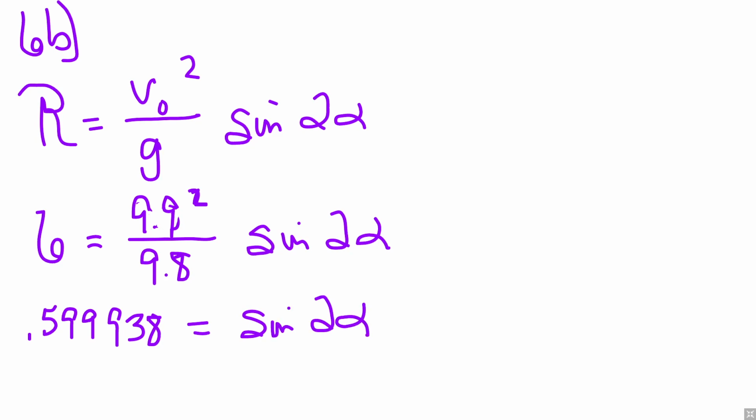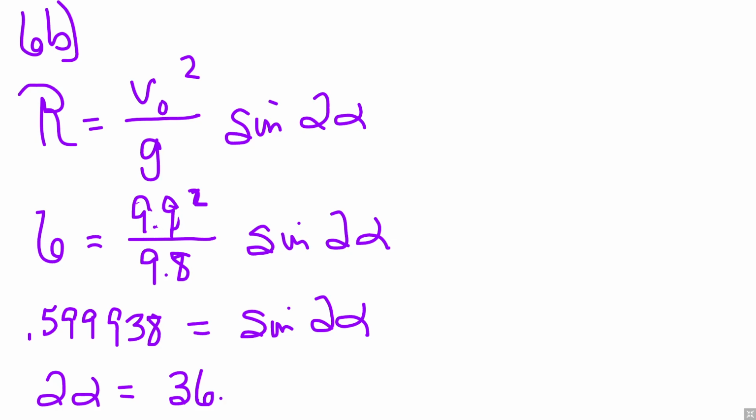If I take the sine inverse of that, I'm going to get that 2 alpha is equal to 36 point, let's see, did I do 1 decimal place?